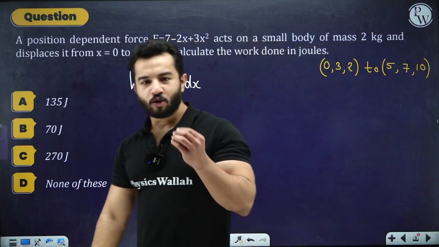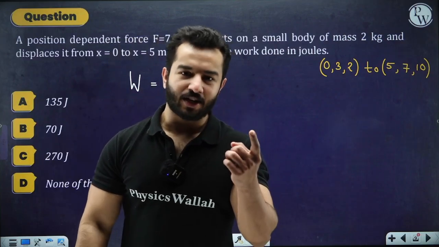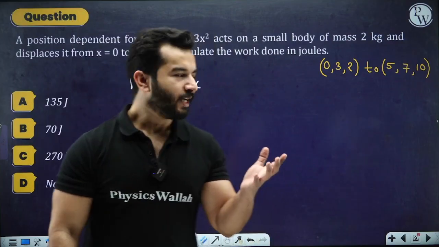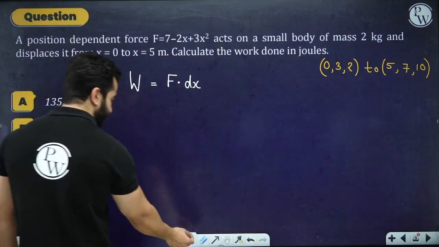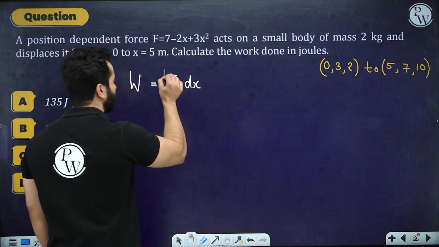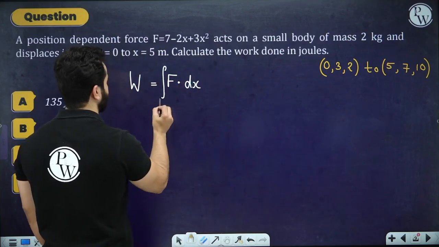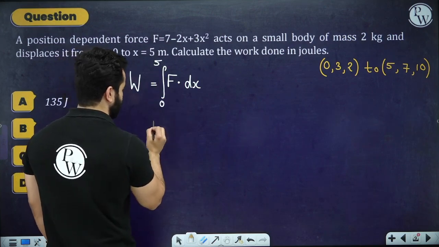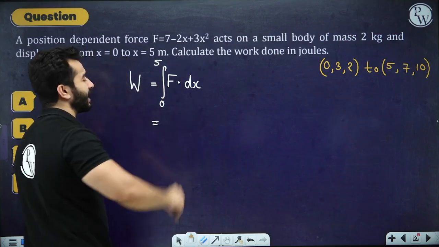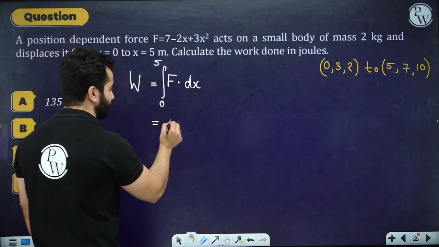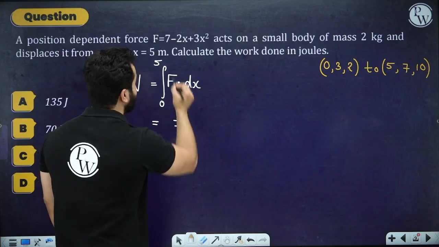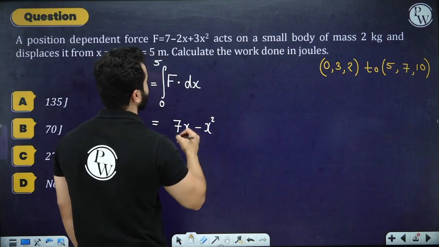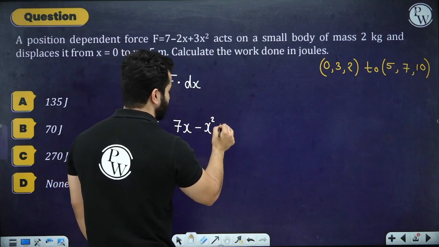But if there is no force acting along the y direction and z direction, we don't have to worry about those components, right? We will simply write F dx, and then the total work done will be the integration of this, and the limits are going to be from 0 to 5. Let's just integrate it. Can I integrate it directly? The integration of 7 would be 7x, the integration of minus 2x would be x square, and the integration of 3x square would be x cube.